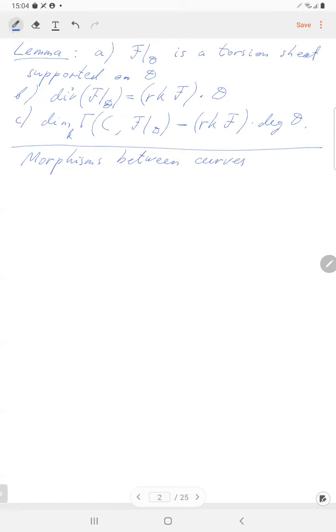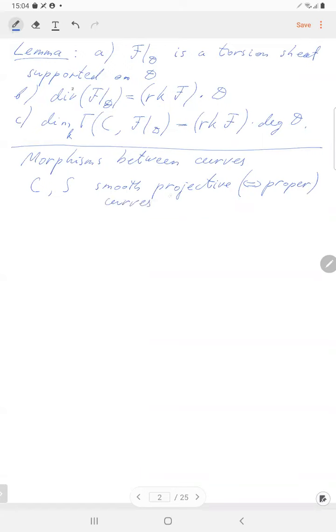So now we'll need two curves, and they will both be smooth, projective, and we already proved that it's the same as proper curves.